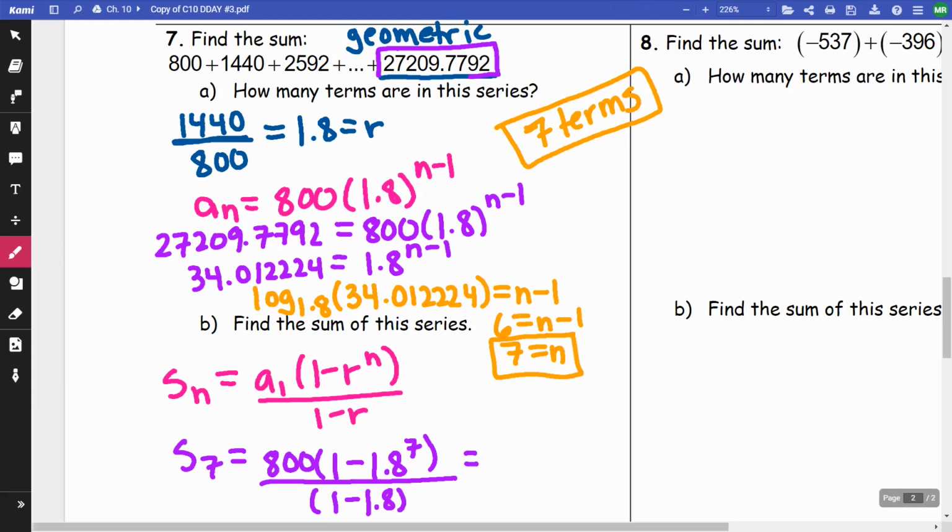And when I put that in my calculator, 800 times the quantity 1 minus 1.8 raised to the power 7 divided by the quantity 1 minus 1.8, I ended up with 60,222.032 as my answer.